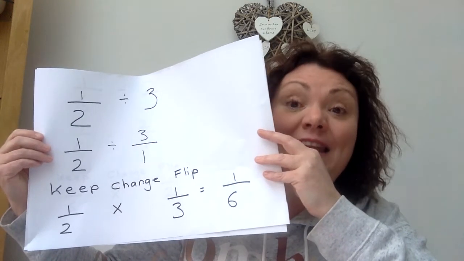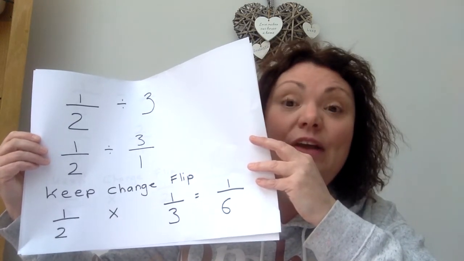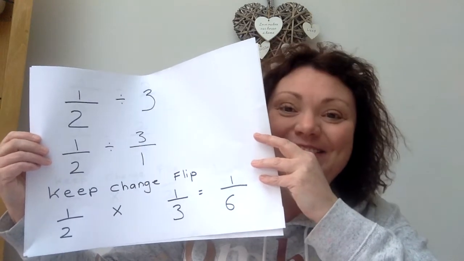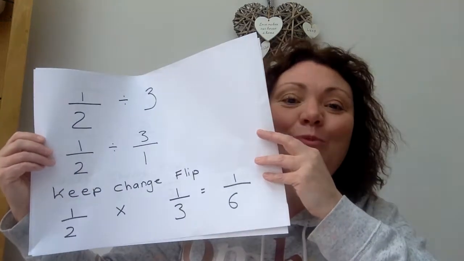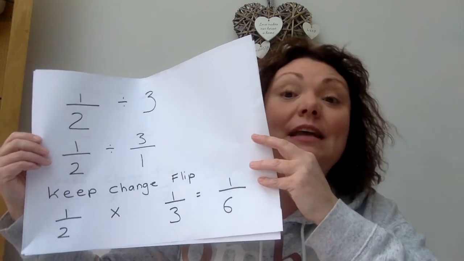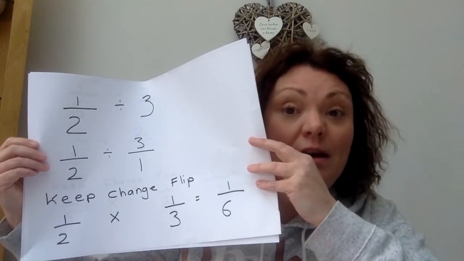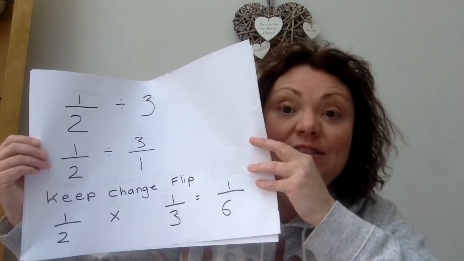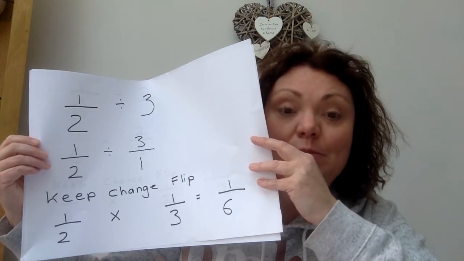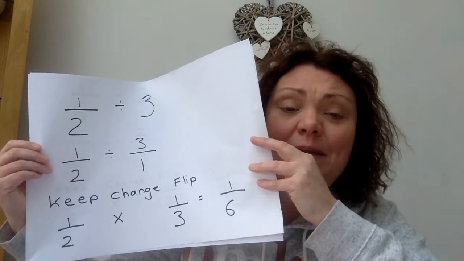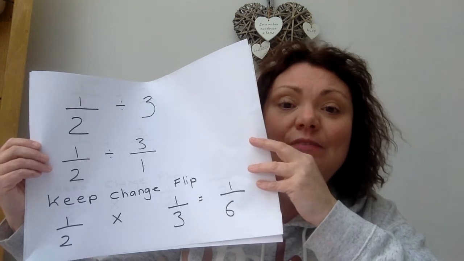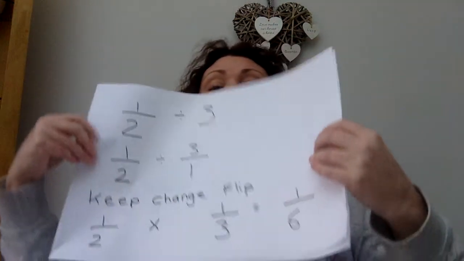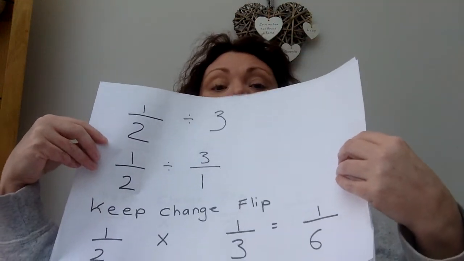And then we flip the 3/1, we flip it round. So we change it to 1/3. So let me say that again. We keep the half, we change that division sign to a multiplication symbol, and we flip that 3/1 upside down to 1/3. And then we just follow the same as we did for multiplication.